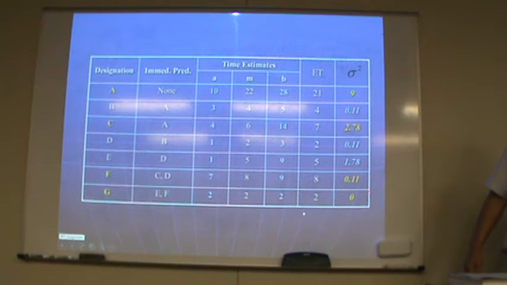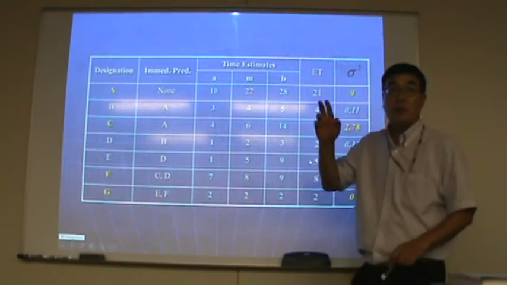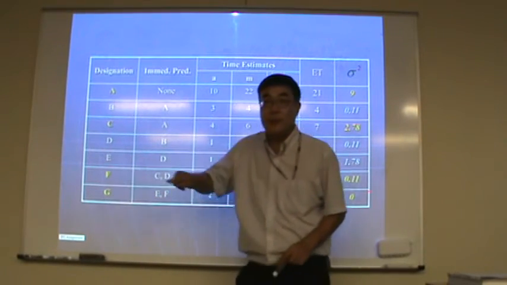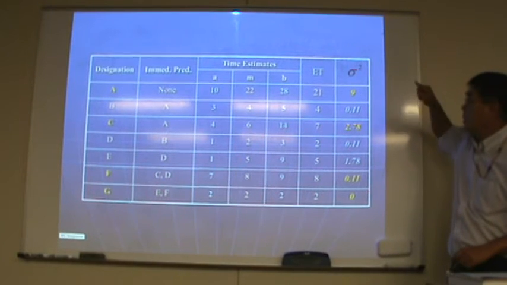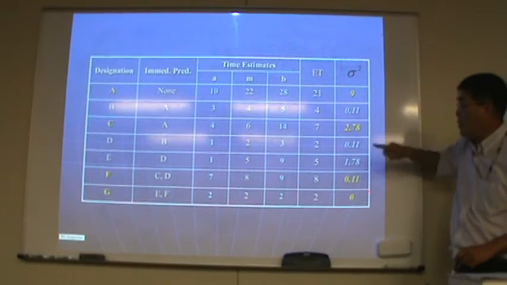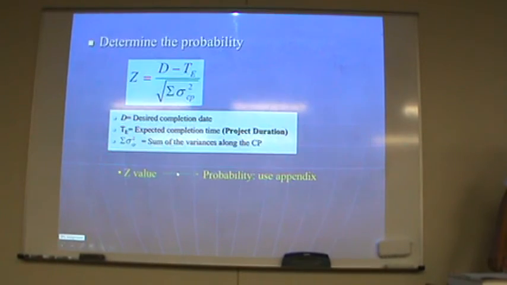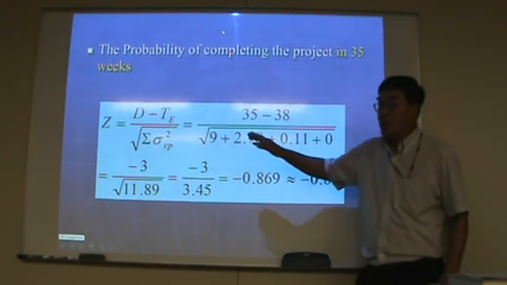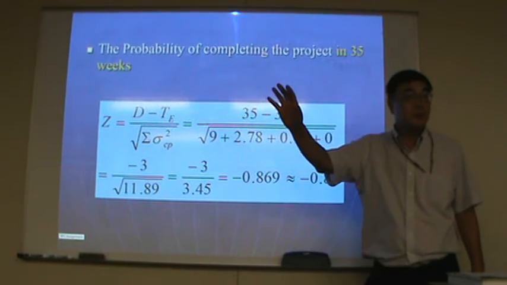Not the sum of all. Only on the critical path. The critical path of this project is A, C, F, G, right? So add up 9 plus 2.78 plus 0.11 plus 0.